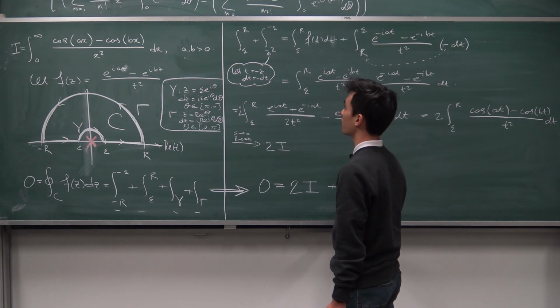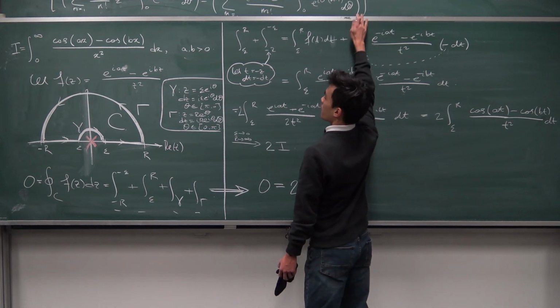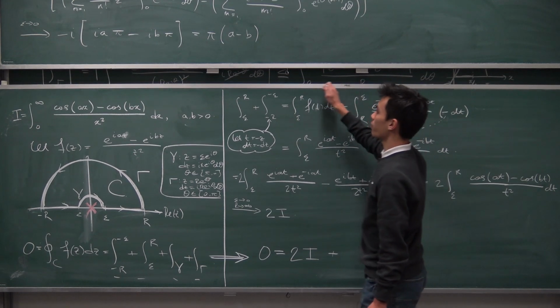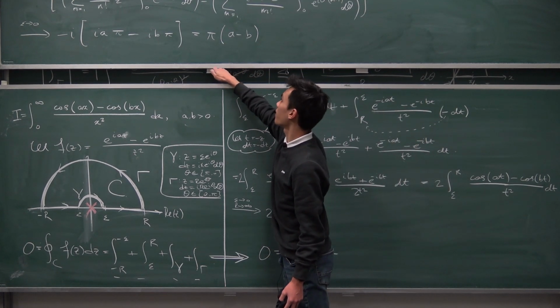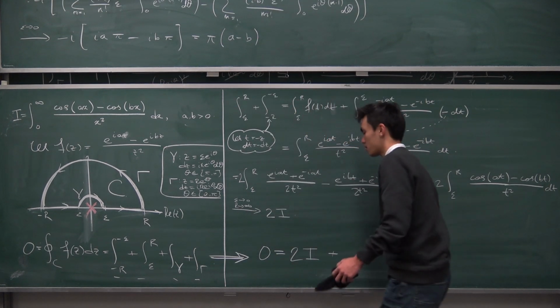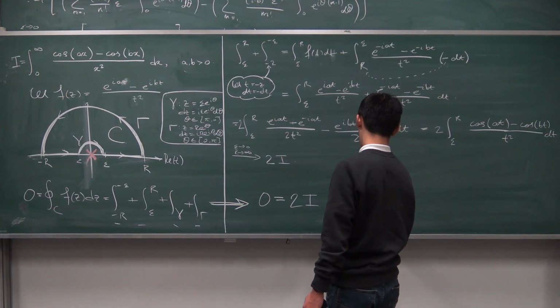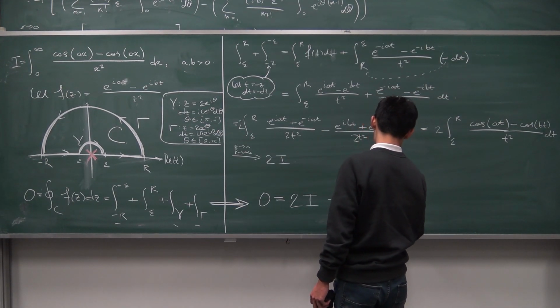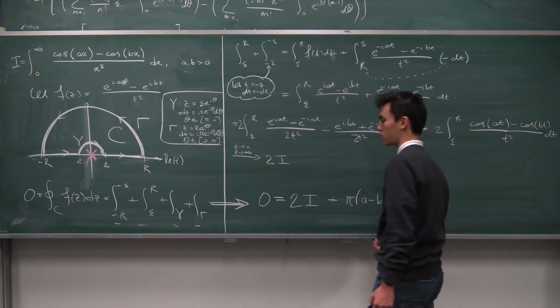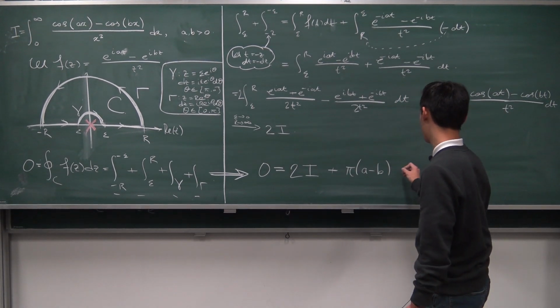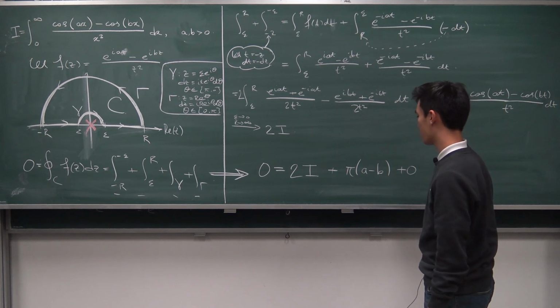I forgot what it gave us. It was pi and then something. It gave us pi times a minus b. So let's write that in. We have pi times a minus b. And then the integral over big gamma, we just showed that it's equal to 0. So it contributes nothing to our integral.